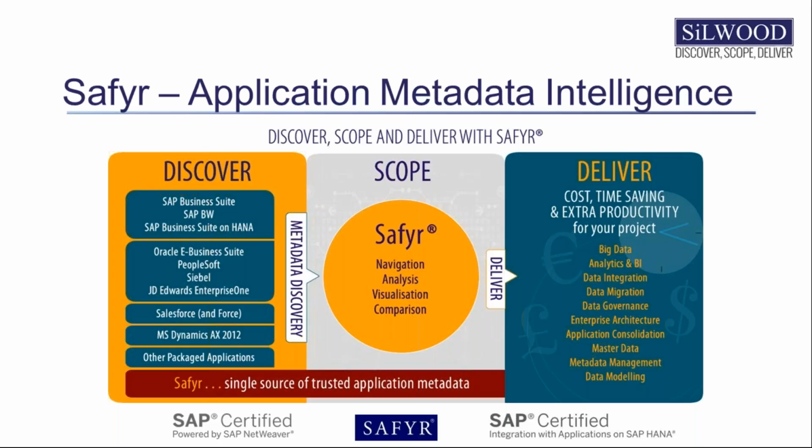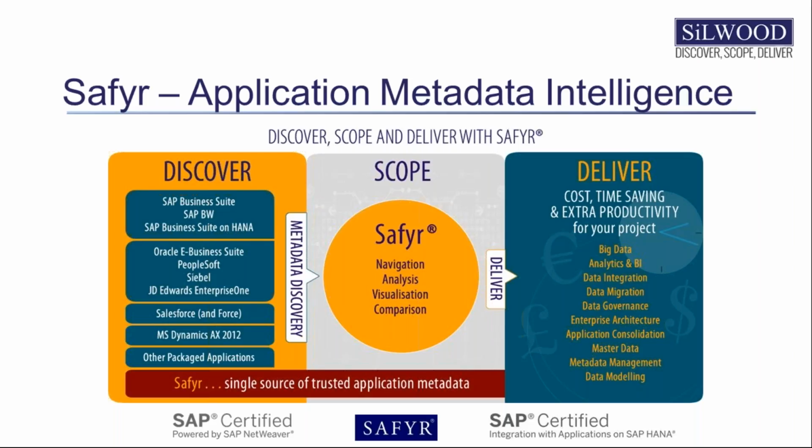It's used to enhance data governance, enterprise architecture, master data and application consolidation, etc. And obviously, with all of the focus on metadata management now from organizations like Gartner, it's used to provision many of the leading metadata management suppliers.